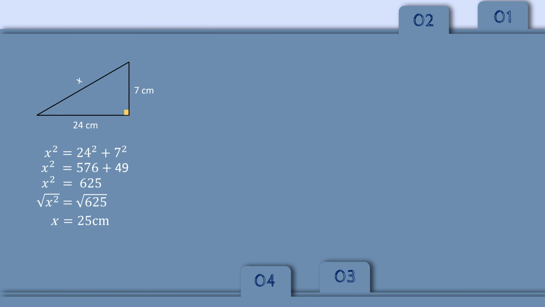Let's take another example. In this example, we need to find the altitude of the right angled triangle. We are given the hypotenuse, which is 13 centimeter, and the base, 5 centimeter, and let's consider the altitude equals x. According to Pythagoras theorem, the square of 13 is equal to the square of x plus the square of 5.